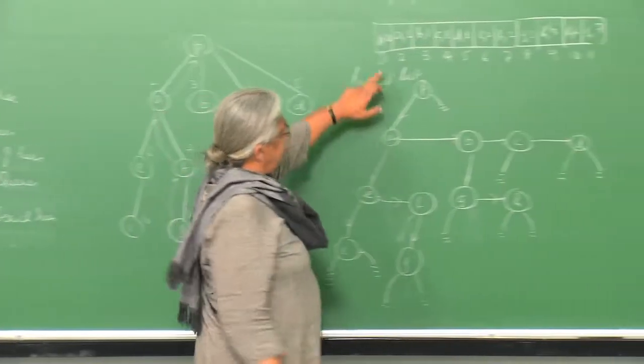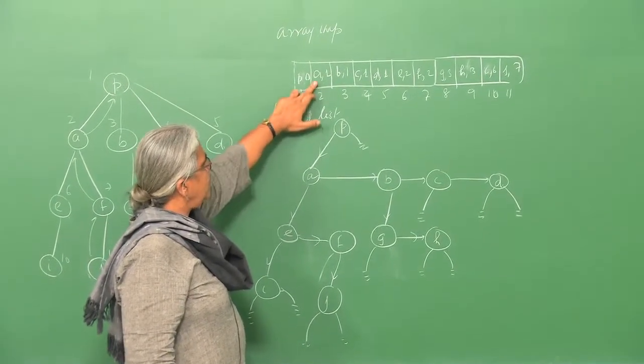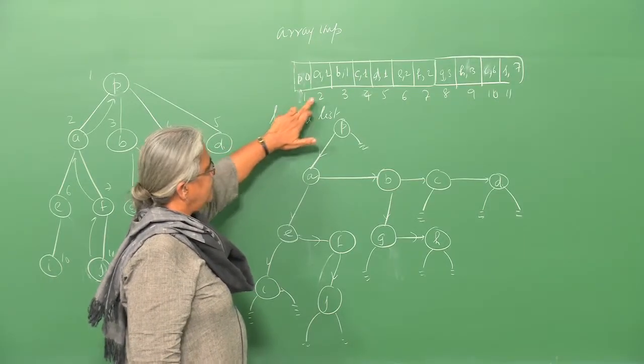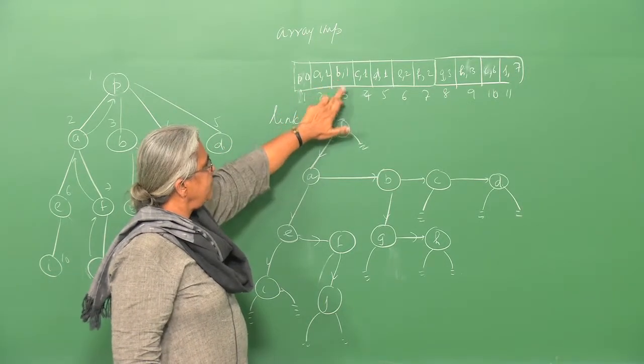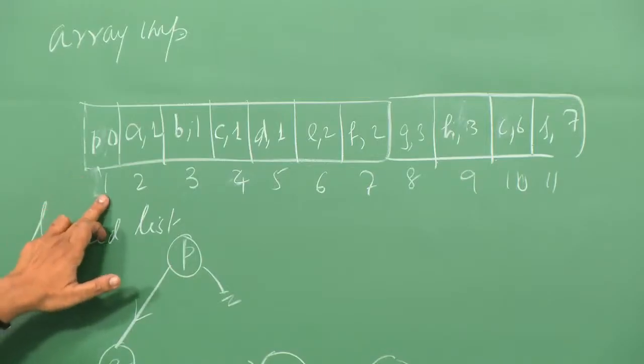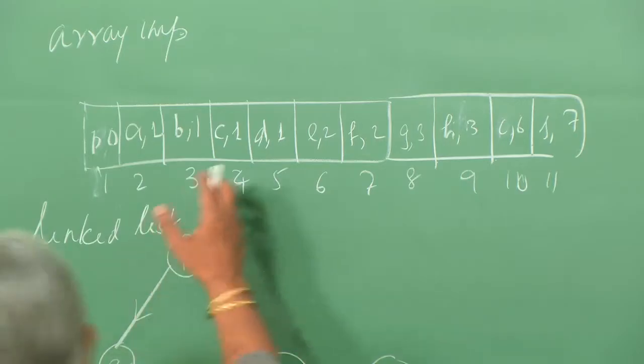Next what I do is the element A. Now, element A is stored here, and who is its parent? Its parent is P, whose index is 1. Similarly, the node B is stored in index 3 and its parent is in node 1, and I keep that index. Now, for C what happens? A, B, C, D is like that.